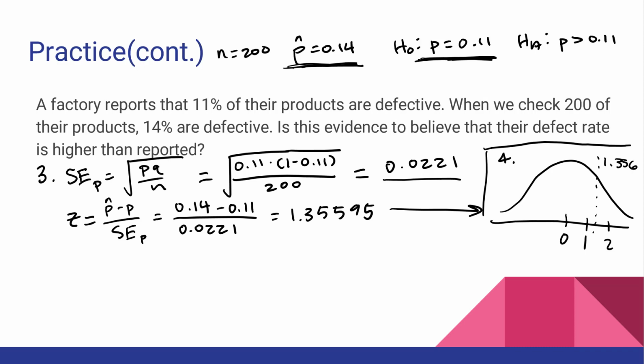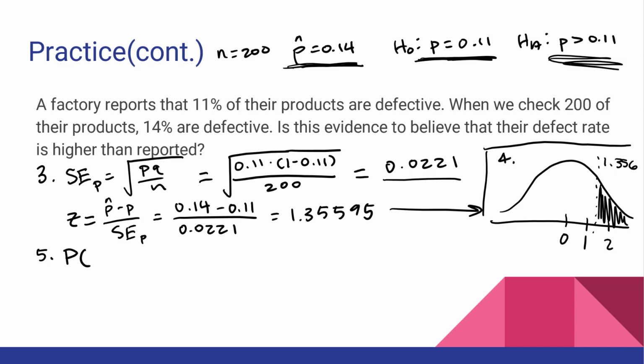And then again, we always go from our z-score to the nearest extreme, so that would be the positive extreme. And then we know that since our hypothesis is only one-sided, we didn't use not equal to, we used greater than, so we don't have to multiply by 2. So now we can go on to step 5, using our calculator.